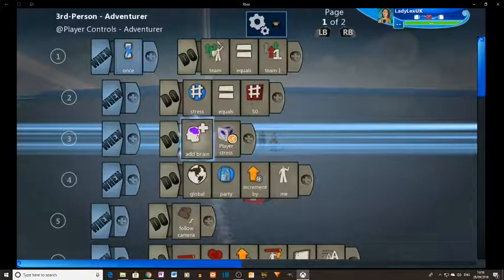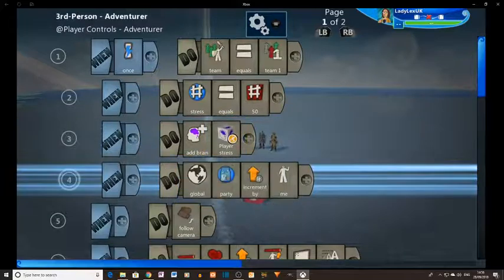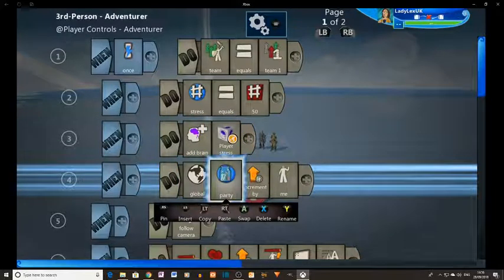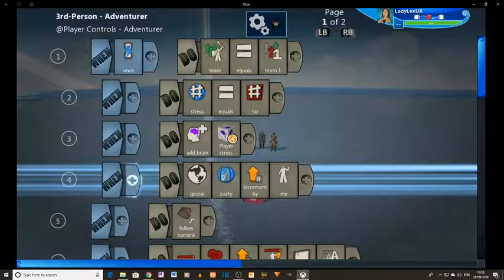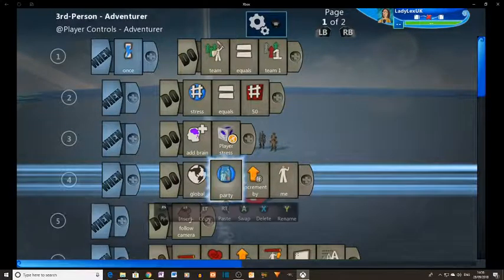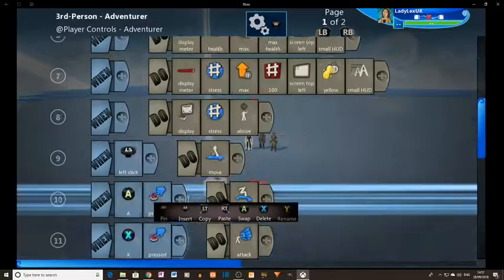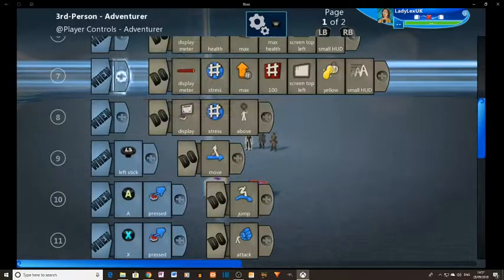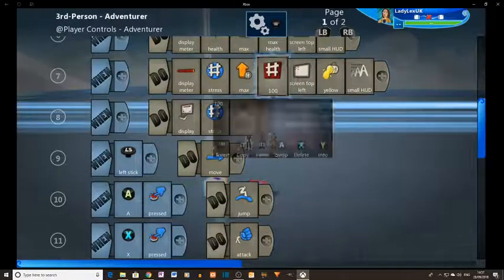That's where all the code for my player stress is. And we're also going to add him to a global party. So all of my follower characters and myself are in a global party. There's no other code other than the meter. So we'll display our meter in yellow with a maximum of 100 at the top there.